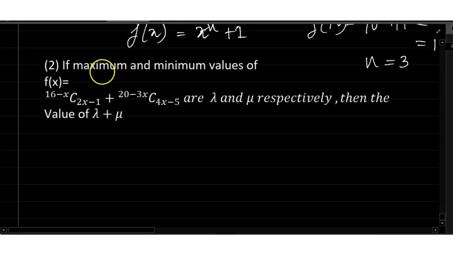Next problem: the maximum and minimum values of f(x), which is 16 minus x over x minus 1. So 16 minus x is obviously greater than 0.